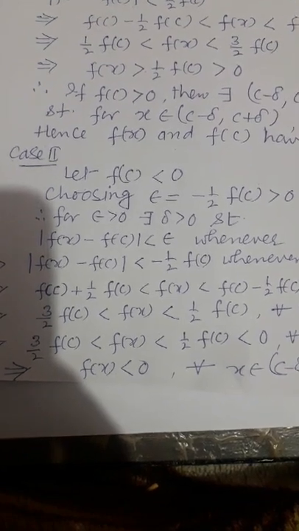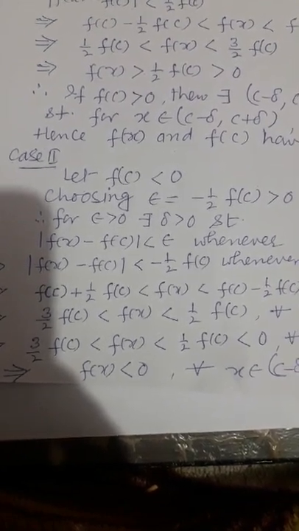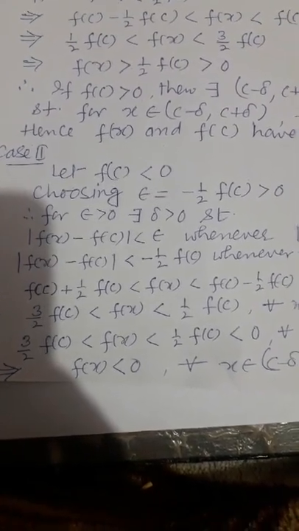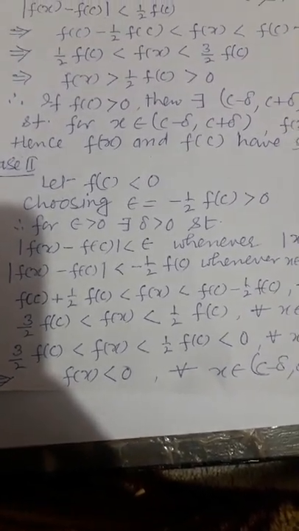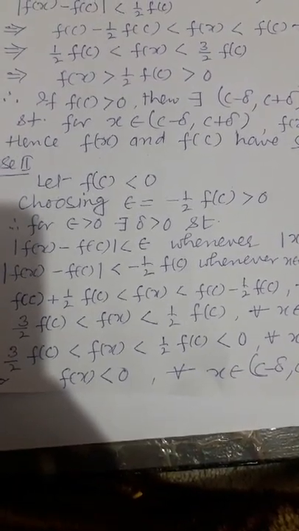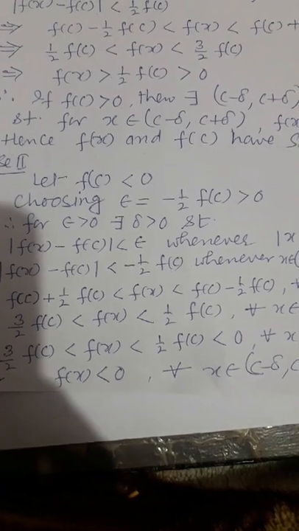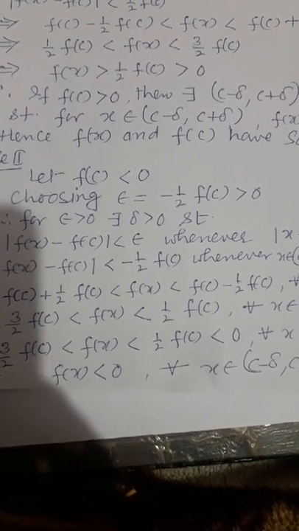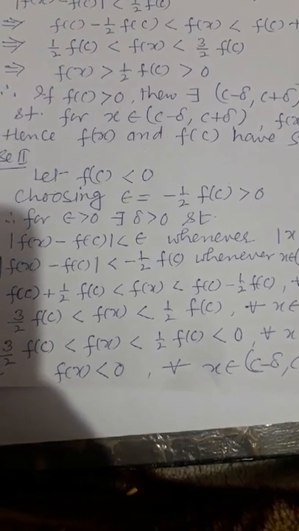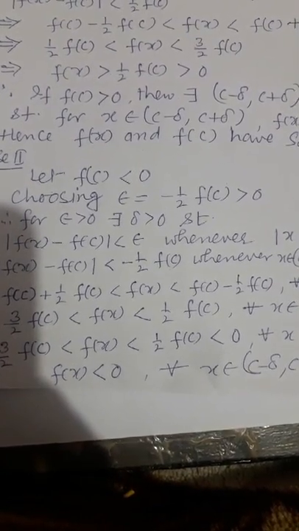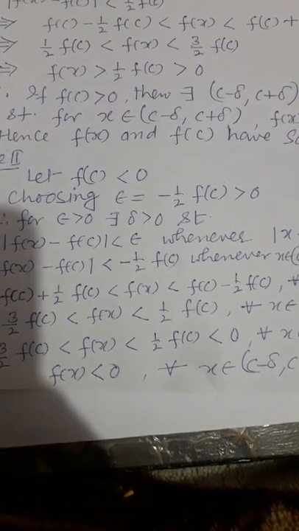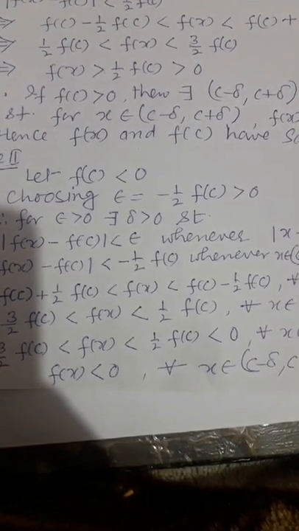Expanding, or breaking the absolute sign, we can write f(c) minus half of f(c) is less than f(x) is less than f(c) plus half of f(c). This implies that half of f(c) is less than f(x) is less than 3 by 2 f(c).